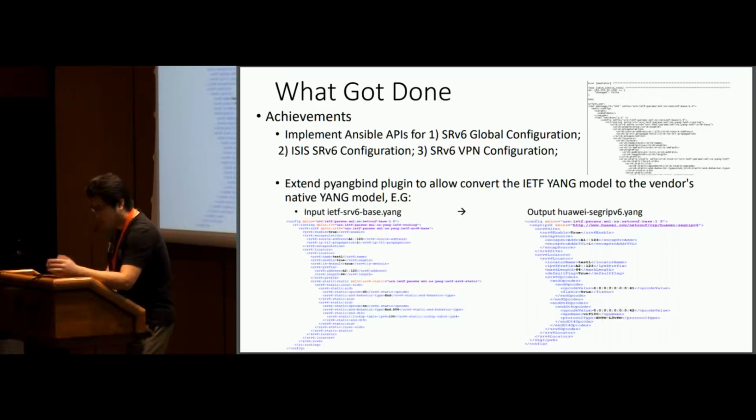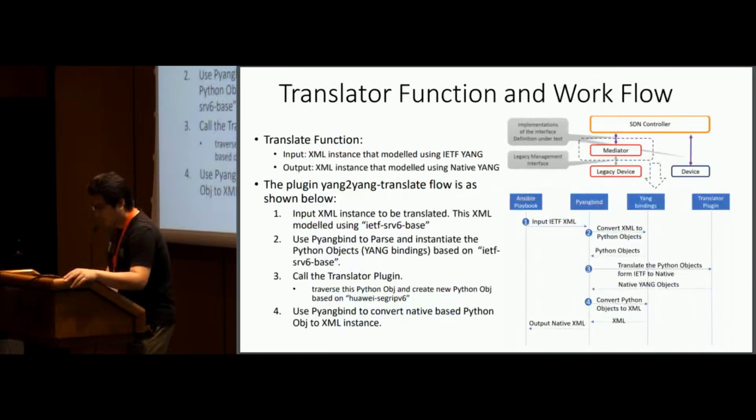You can input the IETF SRv6 base module, and the output is a native SRv6 module. Here is the function and the workflow. For a new device, you can directly implement the IETF module, and for a legacy device, you can use a plugin to translate the standard model to the native model.